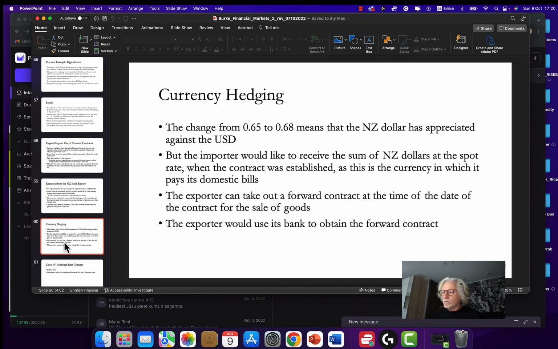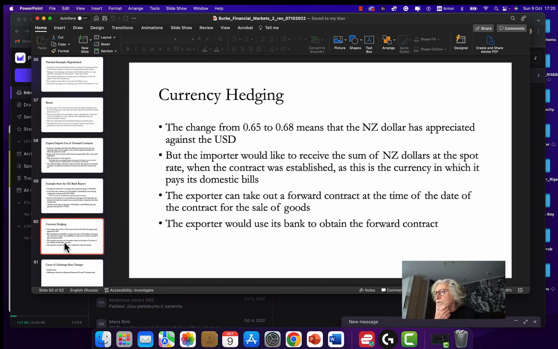This exporter will go to its local bank in New Zealand, explain what it wants to do, and will lock in a future price of New Zealand dollars against US dollars, so that the spot and the forward rate differ by very little. And if it's possible, even to have the forward rate equal the spot rate.